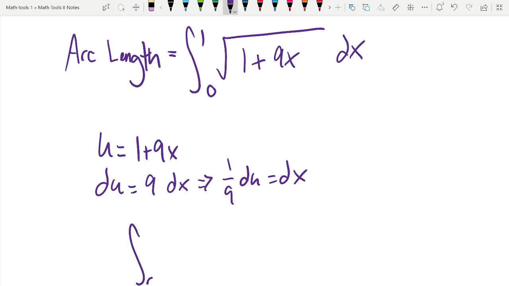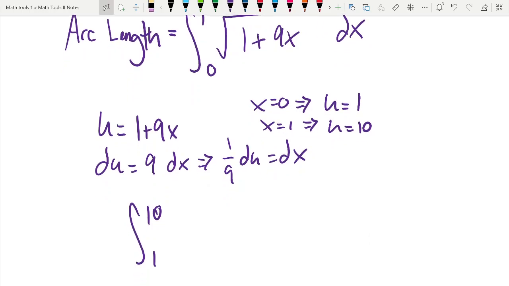So we'll make that substitution here. You can sub the bounds too if you want. So x equals 0 implies that u is equal to 1, and x equals 1 implies that u is equal to 10. So we'll just go ahead and change the bounds while we're at it. And then it's just a little easier. You don't have to sub back in at the end.